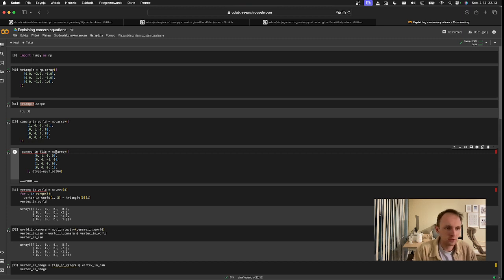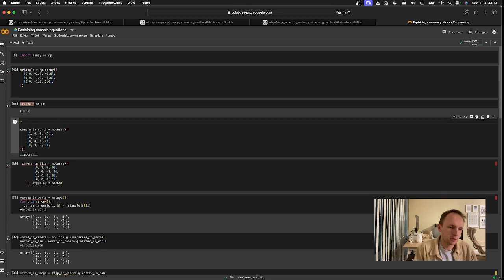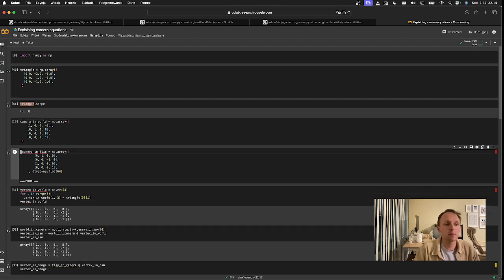Okay, so this is the coordinate flip that we will use later, right? And notice this convention. Like I was writing before, t, and then the world was here, before the t, and then camera was after, right? And then I write it camera in world, this is the naming convention that I use. And then here we have camera and flip, which will be this flip or image coordinate transformation matrix.